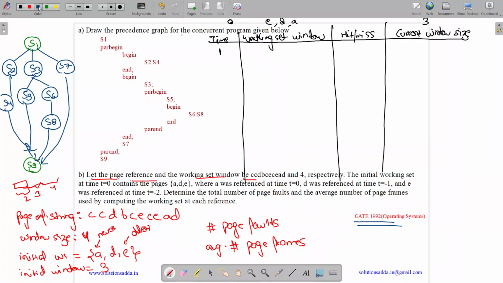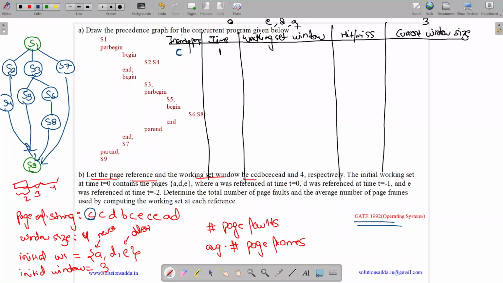Now let us compute the things out. Initially C will come. Let us also make an entry for the incoming page, which is the page that is coming. So C is coming at time t equals to 1. What will be our working set?